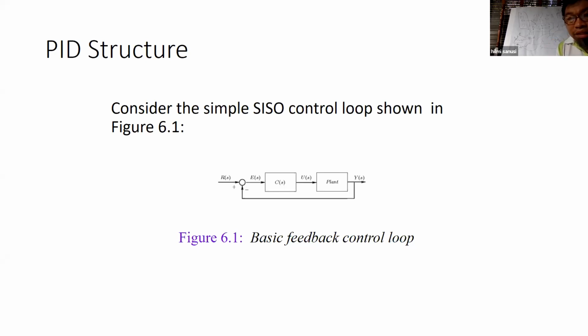So basically this is the system yang kita ada. Basic simple single input single output control loop system. And then we have the plant, which is this G of S, and we have this controller. So I hope you can see this thing.